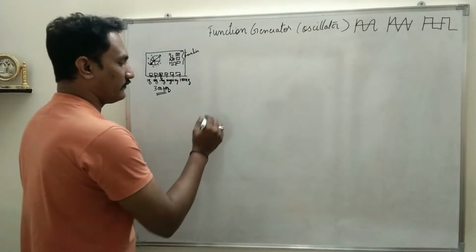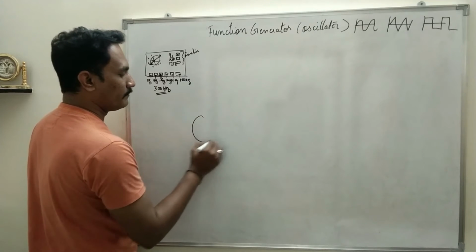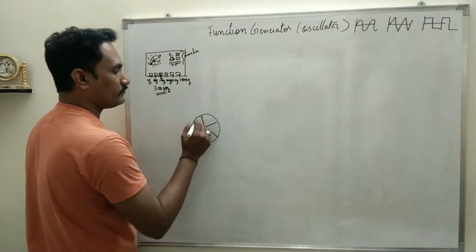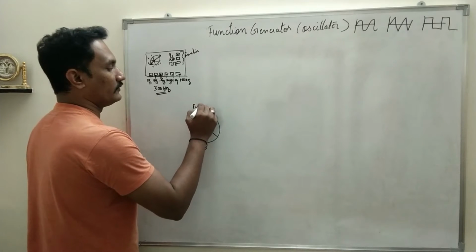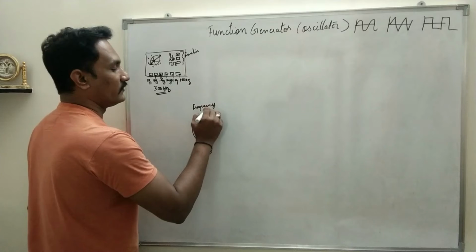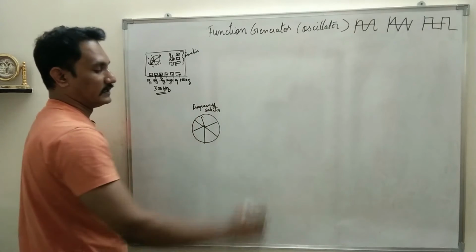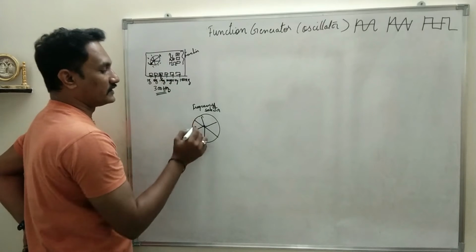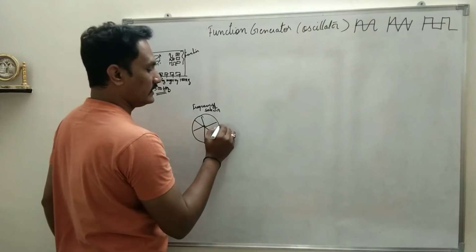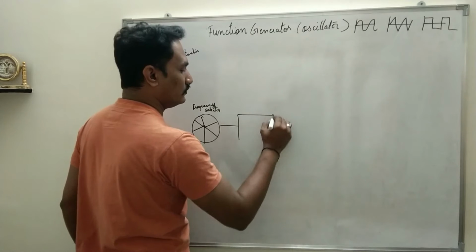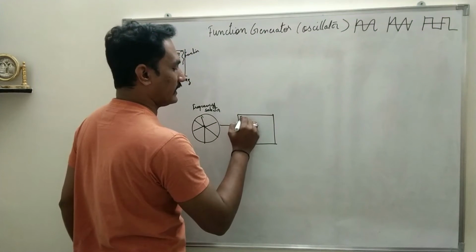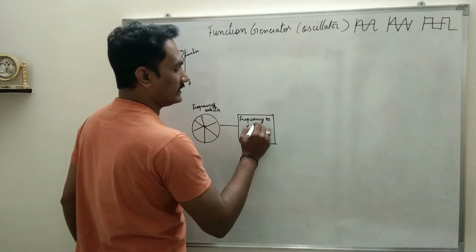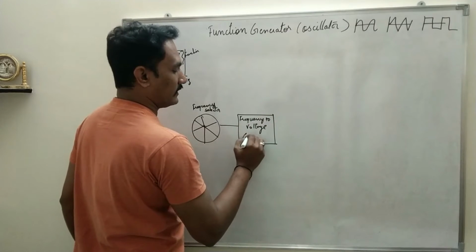So the first block, of course, will be the frequency selector. This is the process of selecting frequency. You will select a frequency and this is given to a block called frequency to voltage converter.